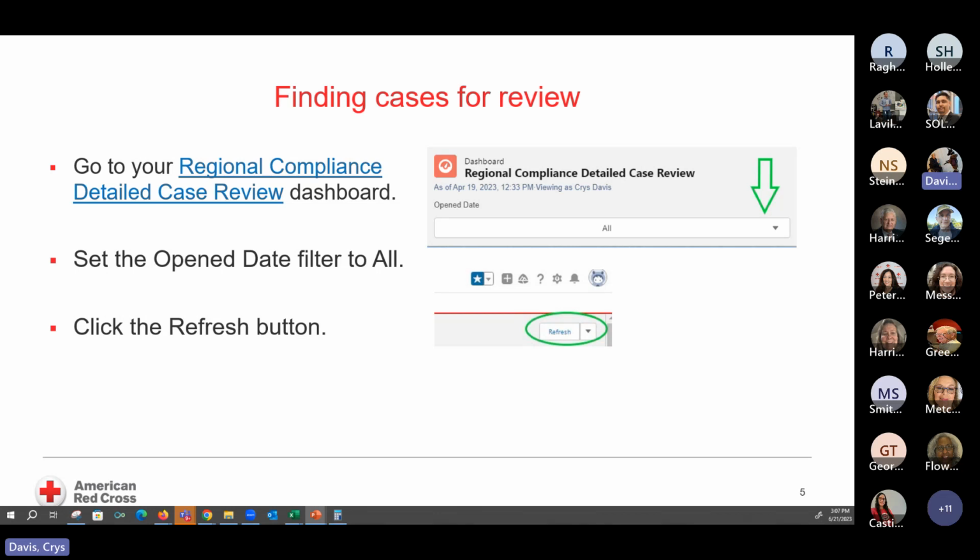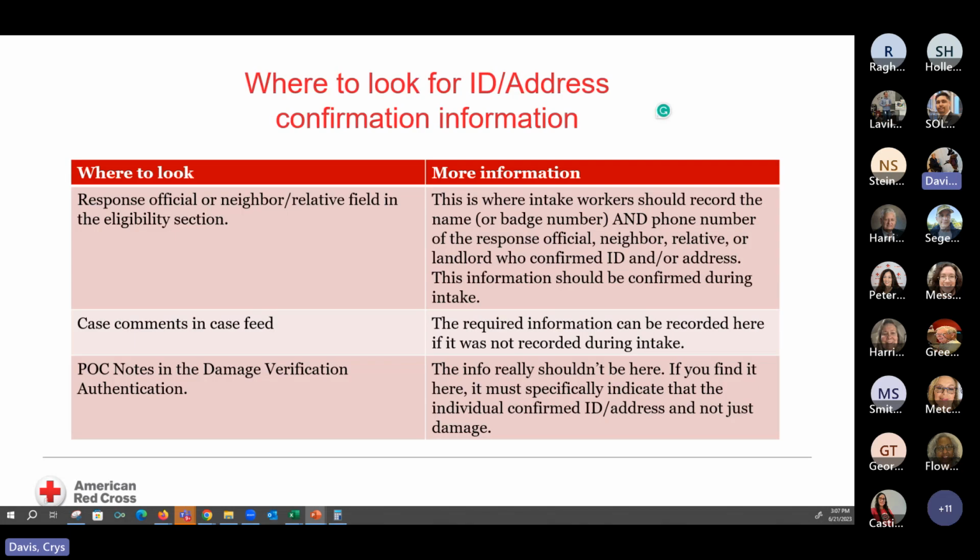Now, we're going to start with where to look for ID and address confirmation information. This is specifically for ID or address confirmation that was done by fire department or emergency management or other response officials, neighbors, relatives, or landlords.